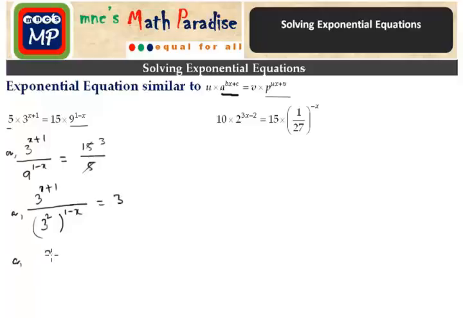So now we have 3 to the power x plus 1 divided by 3 to the power 2 to the power 1 minus x. These two powers will multiply, because it is a power on a power, so we will get 3 to the power 2 times 1, which is 2, and 2 times minus x, which is minus 2x, equals 3.